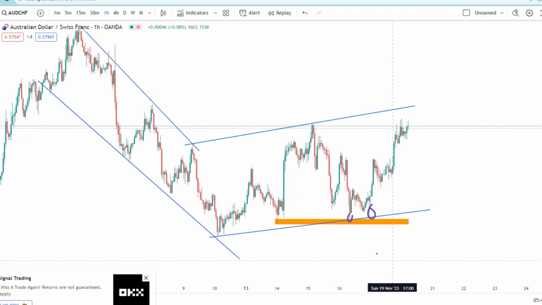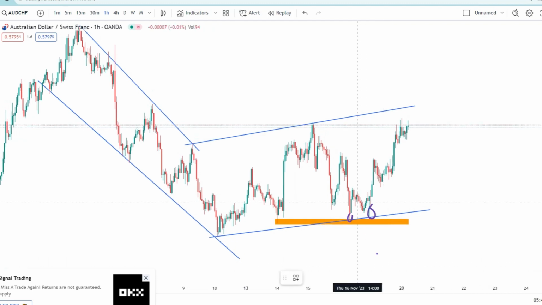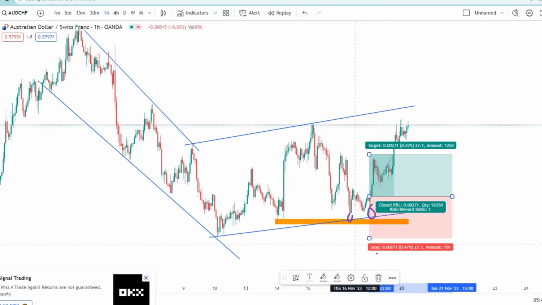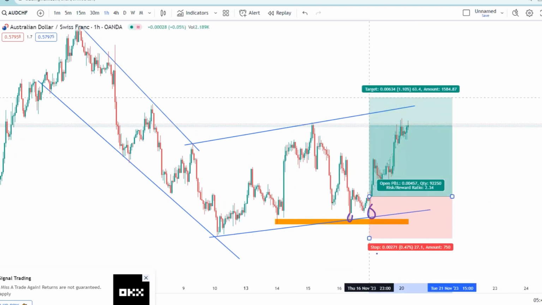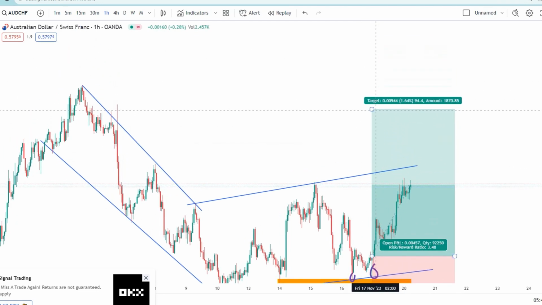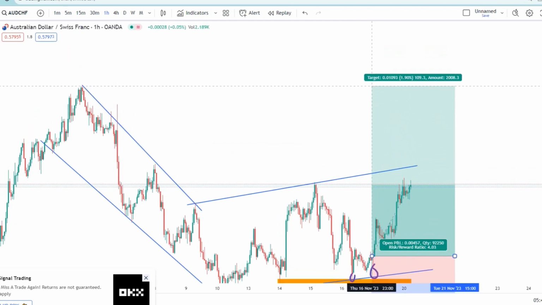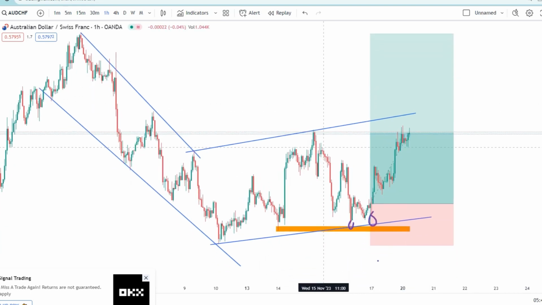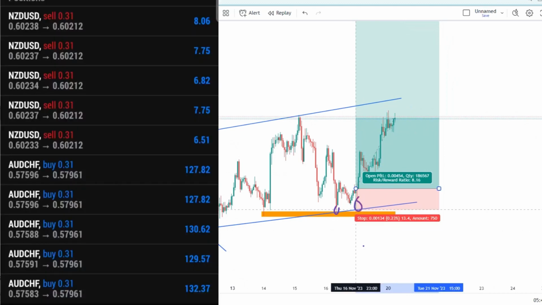So after that, we caught this trade from here all the way. We're willing to move all the way to this point over here, because you can see that the market has already changed direction. We're willing to move all the way to the upside over there.